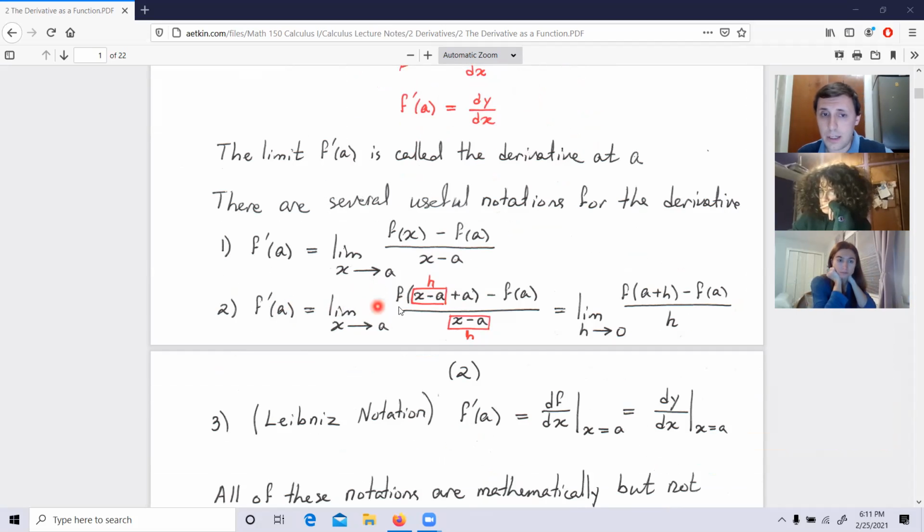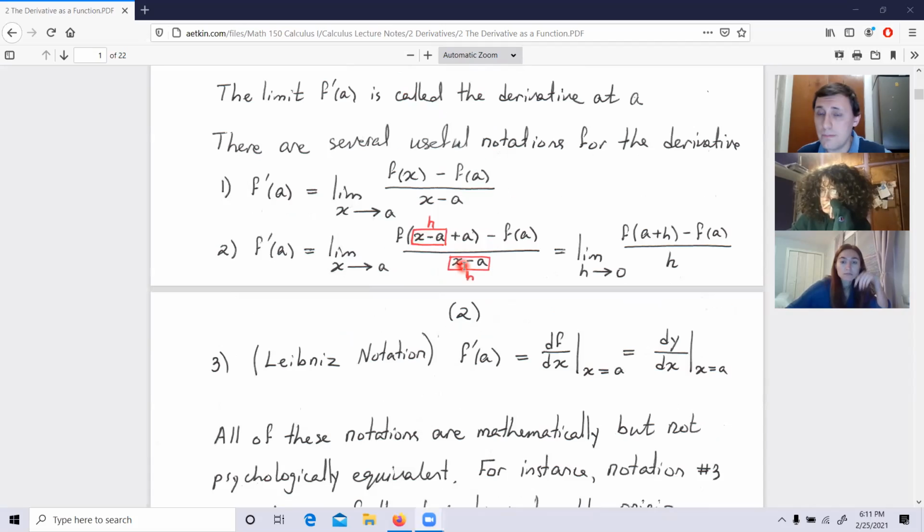Look at it, guys. Instead of writing x here, I can write x minus a plus a. You see that? x minus a plus a. And then x minus a, it's the difference between x and a, and I can label it as h, and the denominator I can label as h.